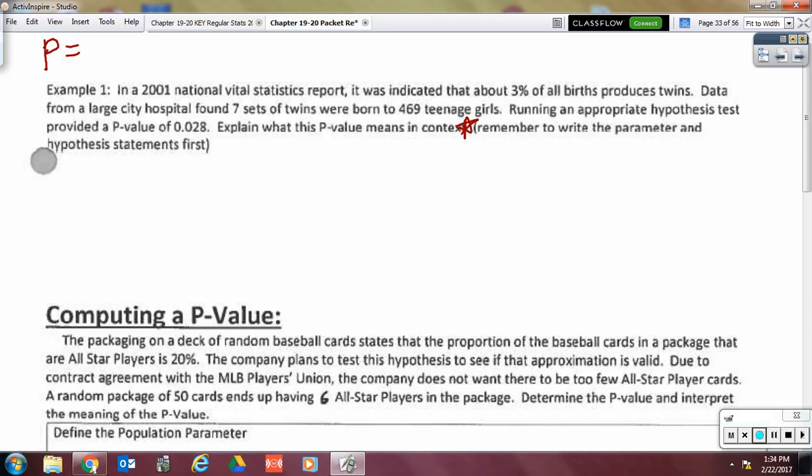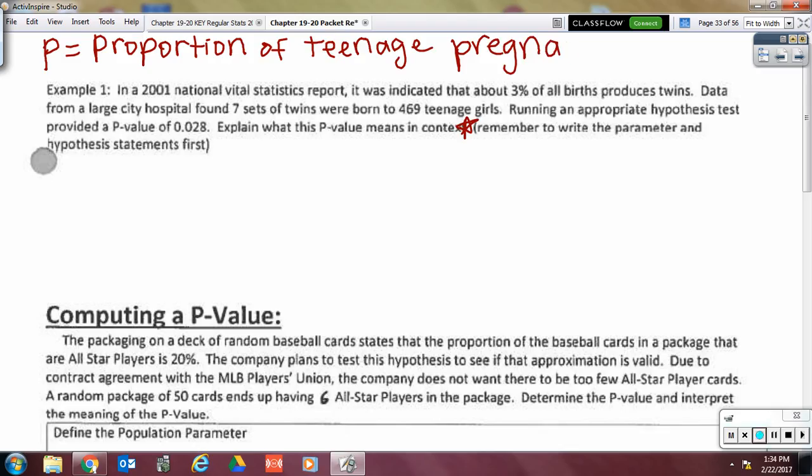P equals, not probability, proportion of the teenage pregnancies that do what? Very good, that result in twins.